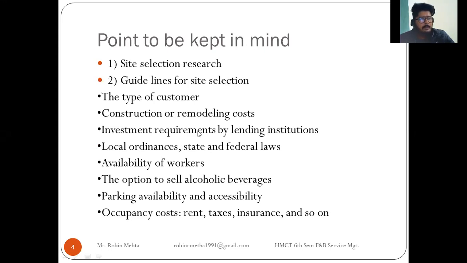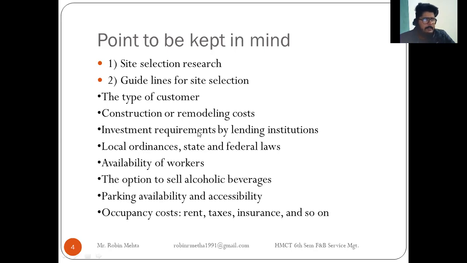To whom we have to pitch our restaurant: maybe teenagers, families, college girls and boys, or business people. We plan our restaurant according to that, which is only possible by researching the market when selecting a site.